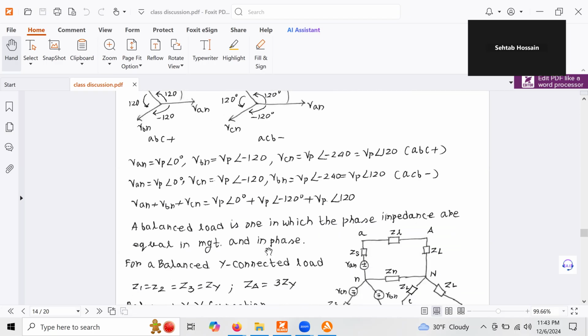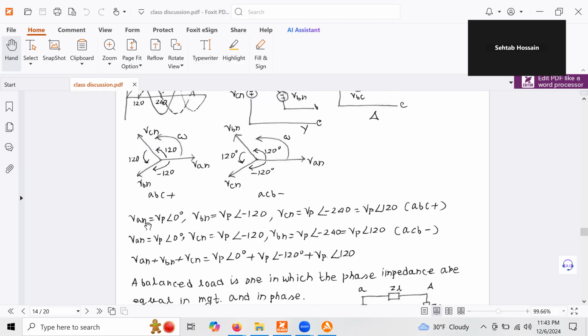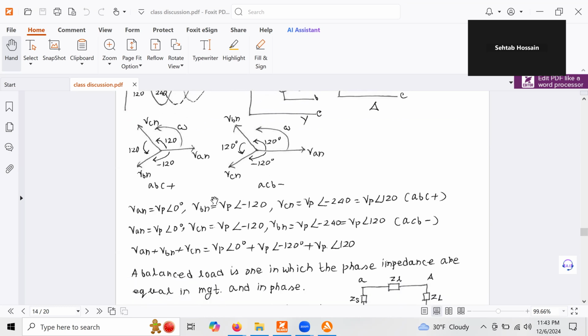Now, if we want to apply the phase formula in phasor format, it will be just like this. VAN will be in the ground state. VBN, their amplitude will be the same, but 120 degrees phase apart, and for VCN it will be plus 120 degrees phase apart from the VAN.